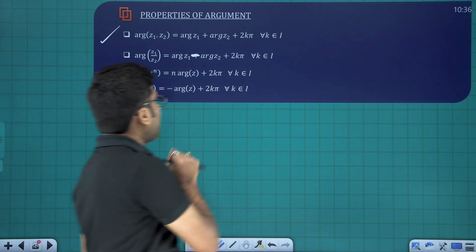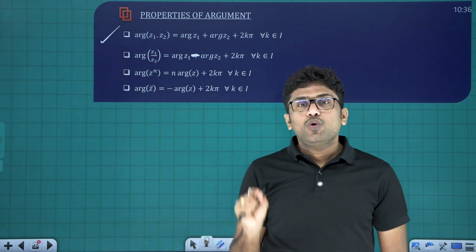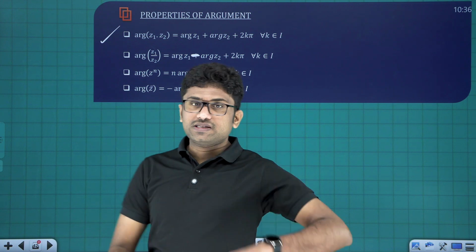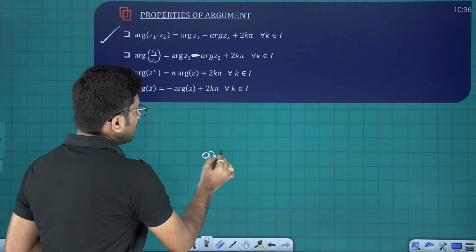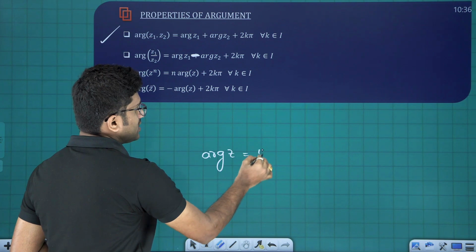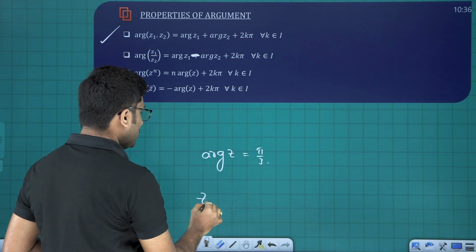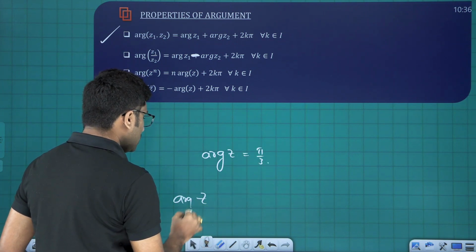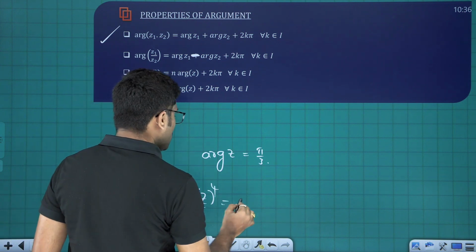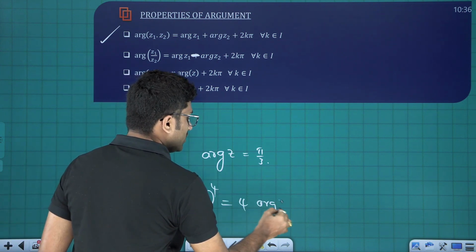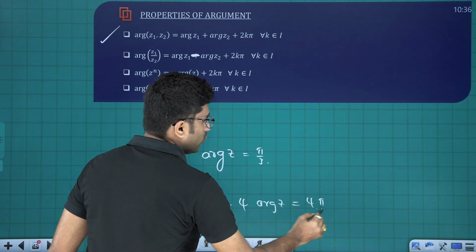This 2k pi is added only to adjust the value, because see, if I say argument of z is some pi by 3, argument of z^4 is 4 times argument of z. 4 into pi by 3, 4 pi by 3.